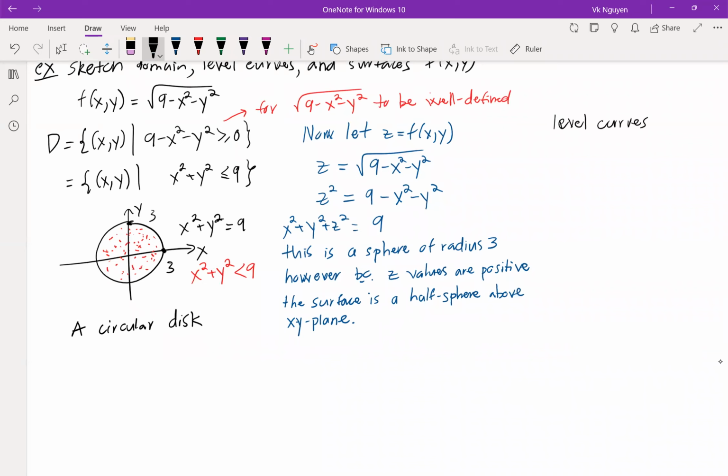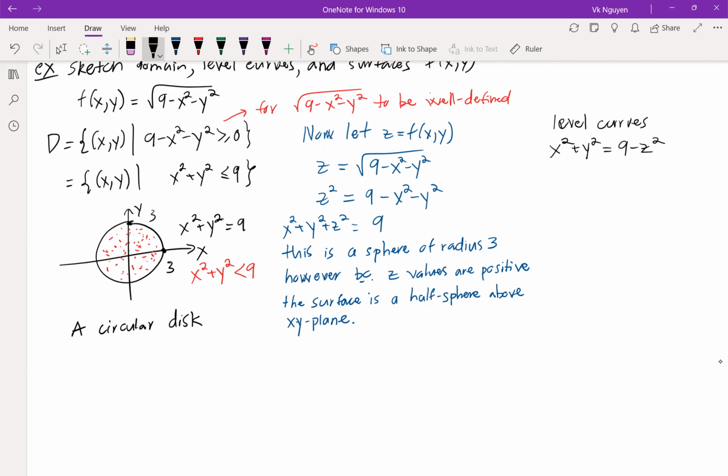Level curve, right? So to do the level curve, because the level curve can only be on the xy plane, you have to rewrite this as x squared plus y squared equals 9 minus z squared.